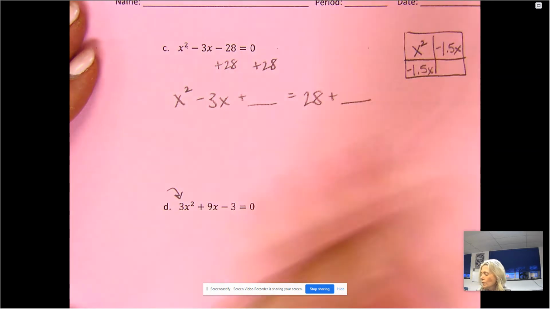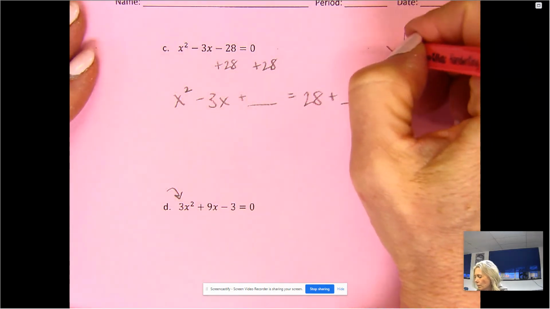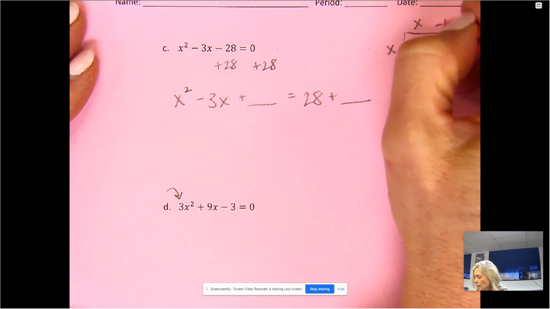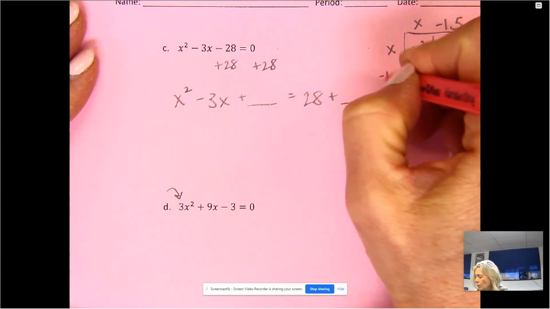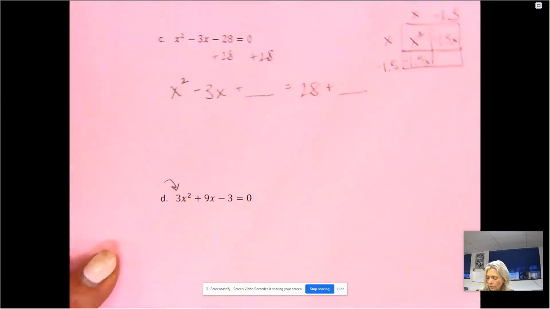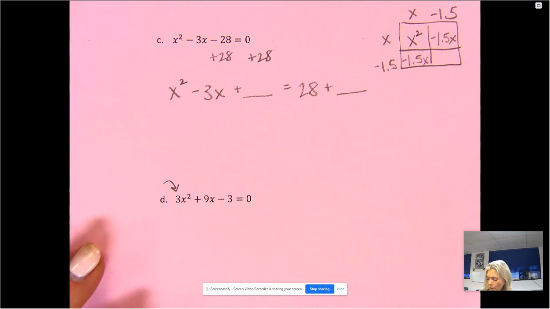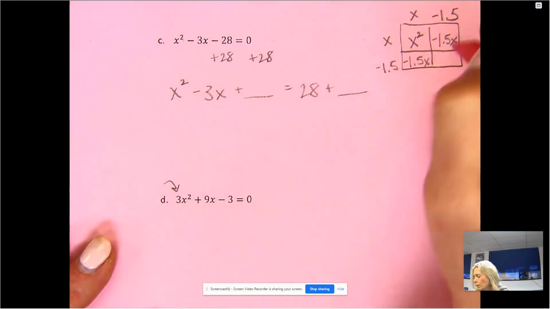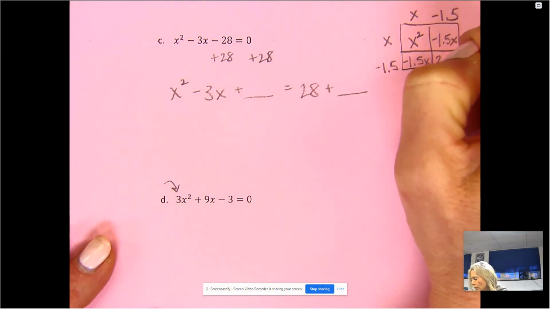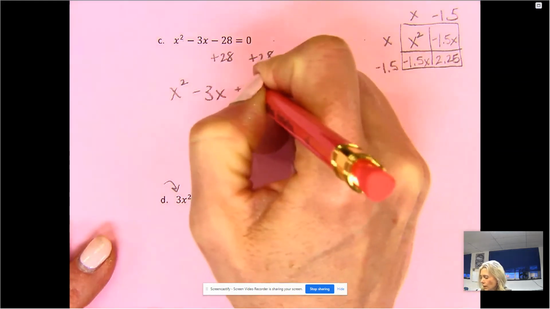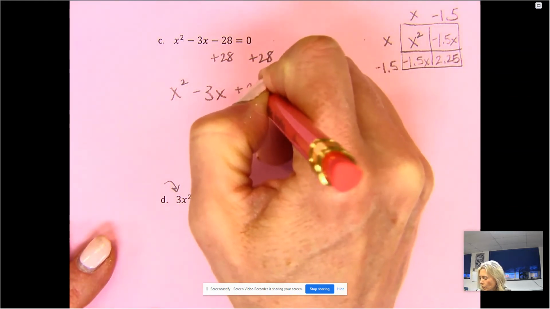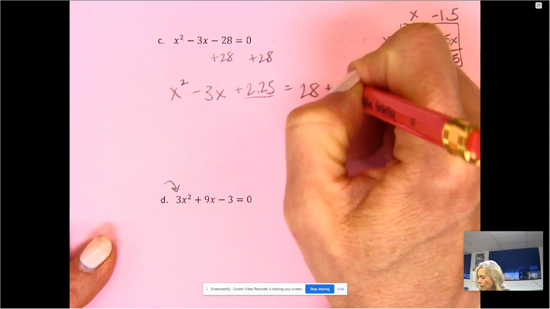So they add up to negative 3 and they're exactly the same. So x, negative 1.5, both of those. And then negative 1.5 times itself is equal to 2.25. Okay, so that's what goes in the blank. 2.25 here and here.